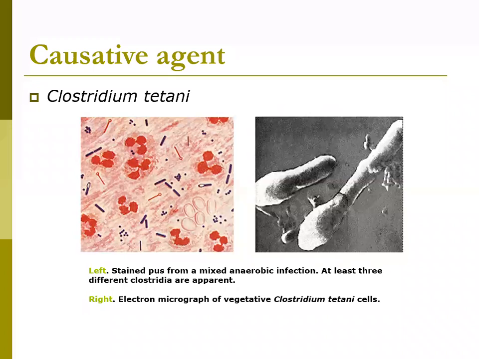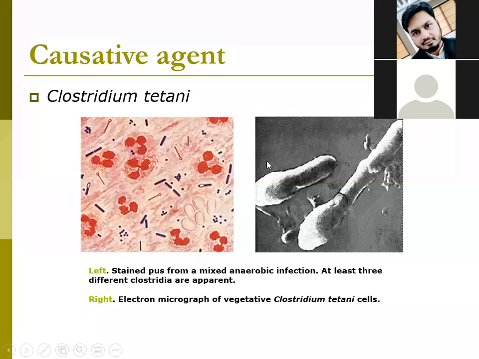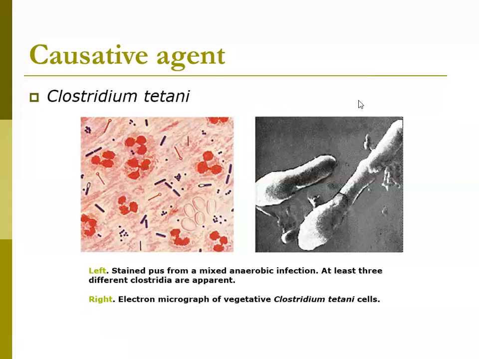You can see these on your left side. These are stained pus from a mixed anaerobic infection, and here you can see almost three different types of Clostridia present.